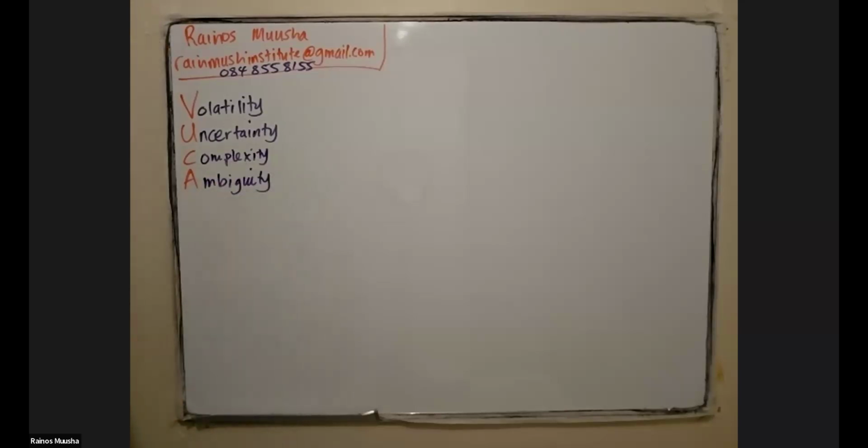So these are the 4 situations identified by the concept. They're basically saying, from a military perspective, the army commanders, when they're in battle, these are the 4 situations that they are also facing.